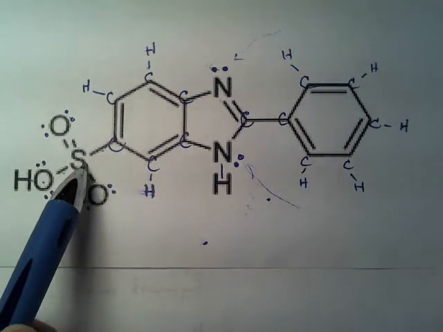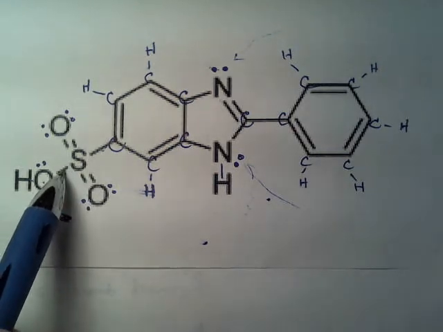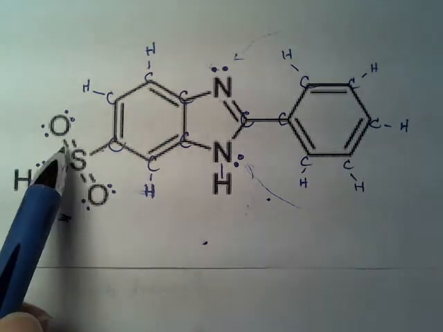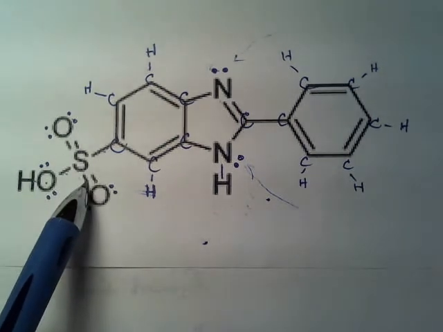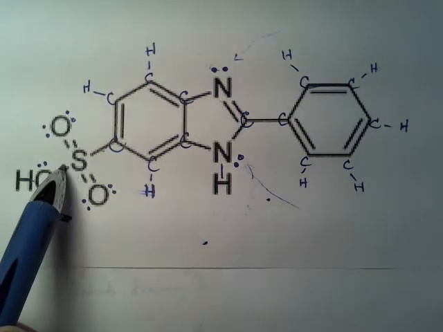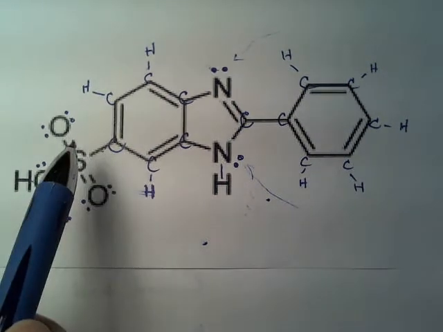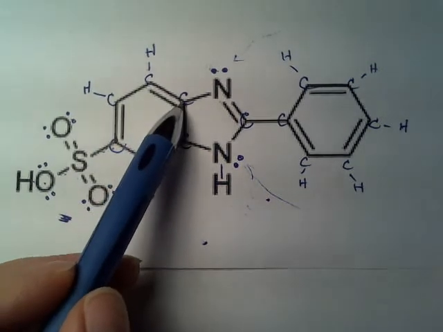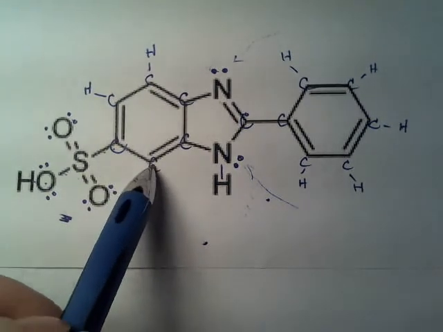What about that? How do I count that? I have 2, 4, 6, 8, 10, 12. But I count this as 1 and this as 1. So in terms of repulsion, they're actually structurally organized, these electron groups, as a tetrahedral. Over here, trigonal planar, same, trigonal planar, same.